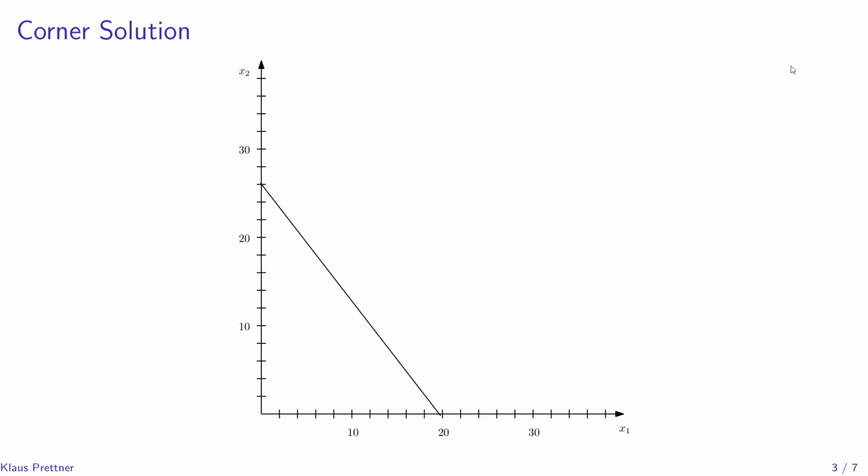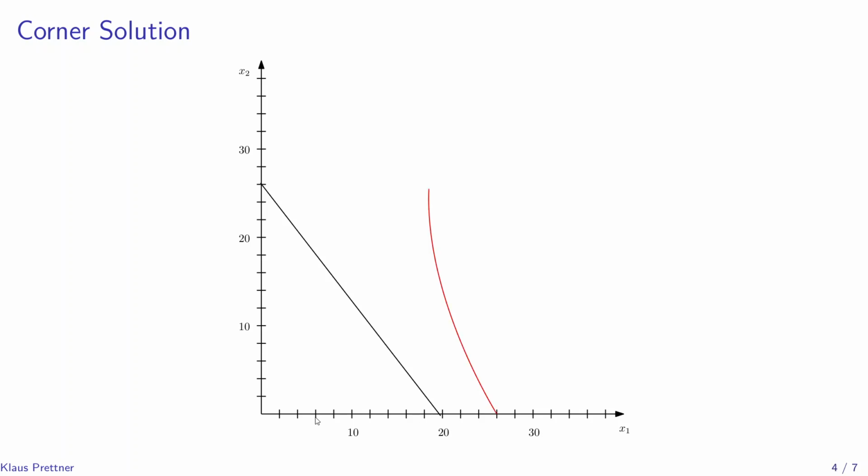We start here with corner solutions. Again, we have a diagram where we have consumption of good 1 on the x-axis, consumption of good 2 on the y-axis, and we have a certain budget line, which is the border of the affordable set that we have here.